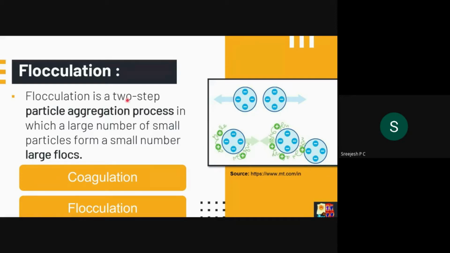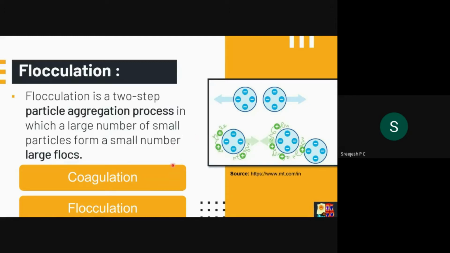Normally any flocculation process will have two sequential events. So it is a two-step process. As I mentioned, flocculation is a two-step particle aggregation process. When the particles are aggregating, they initially form smaller particles, and these smaller particles further aggregate to form a larger visible macro floc.